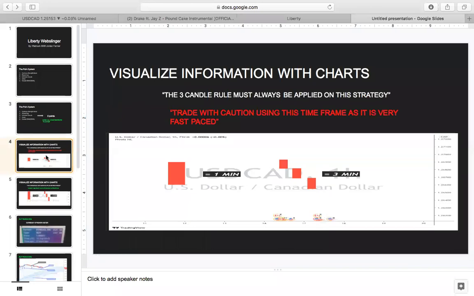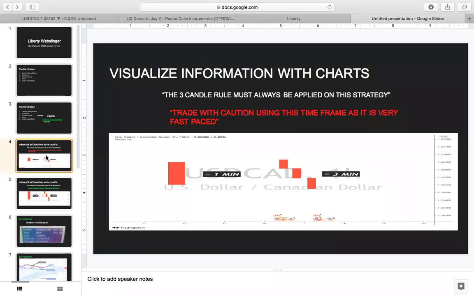Now, visualize information with charts. The 3-candle rule must always be applied on this strategy, right? Now, look, I'm showing a smaller time frame right now. So in the red, you see it says trade with caution using this time frame as it is very fast paced. Right now, as you can see, I'm on a 1-minute time frame. Time frames determine the intervals of time, right?